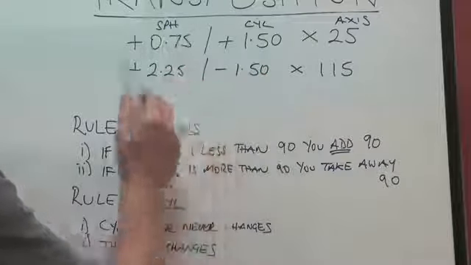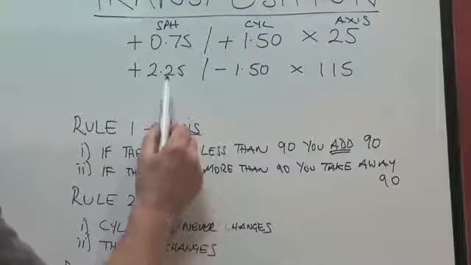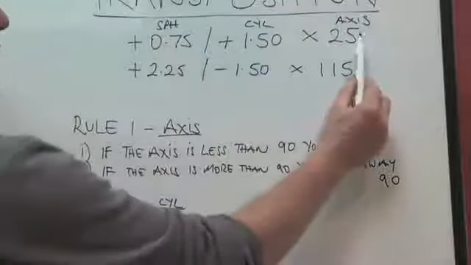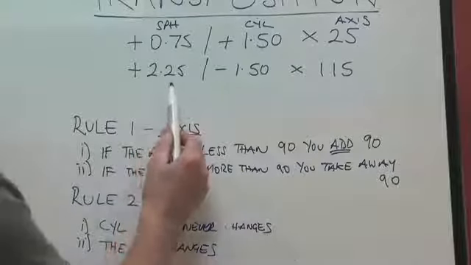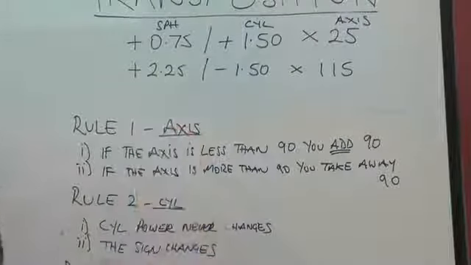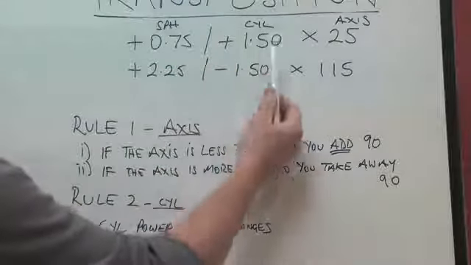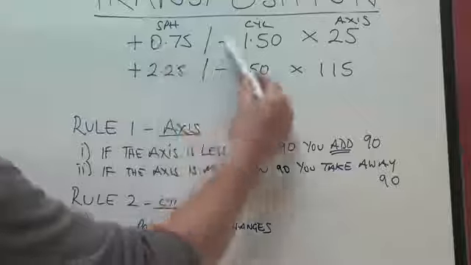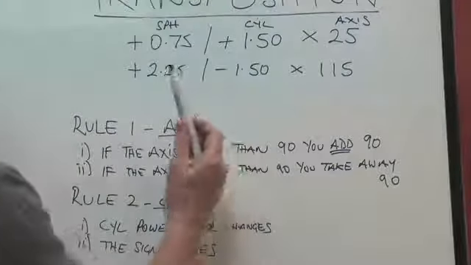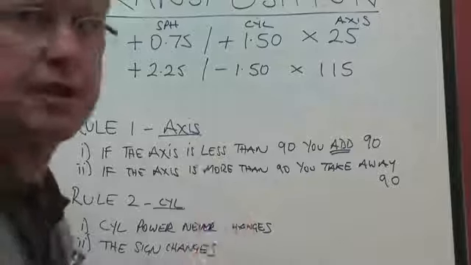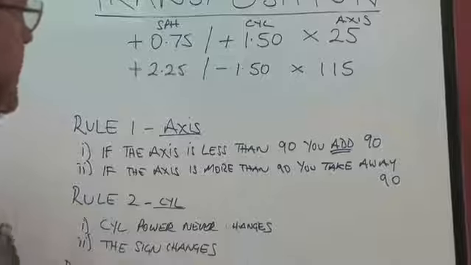So you've got 0.75 plus 1.50 is equal to 2.25. So when you transpose this one, you end up with a sphere power of plus 2.25. If those were both minus, you would still add those two numbers together, and you would end up with minus 2.25. But in the case where the signs are different, you have to take the smaller number from the bigger number and then use the sign of the bigger number.